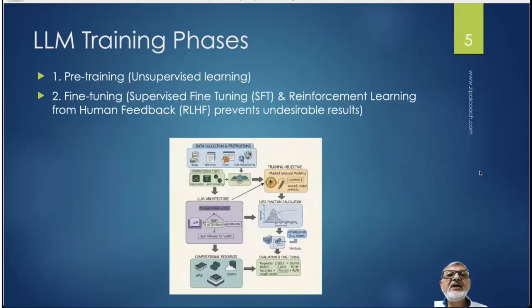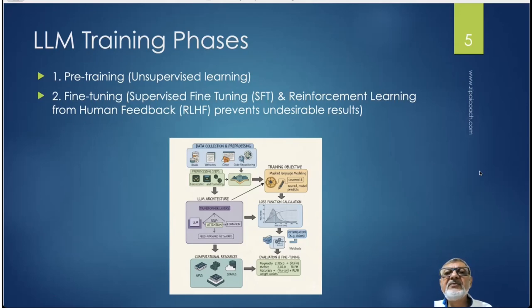LLM training can be in two phases. One is called pre-training, which is more of an unsupervised learning. And the second part is fine-tuning of the training data. Fine-tuning is done by supervised fine-tuning, or there's another technique which is reinforcement learning from human feedback, called RLHF. The RLHF technique prevents undesirable results from being predicted by the AI model.